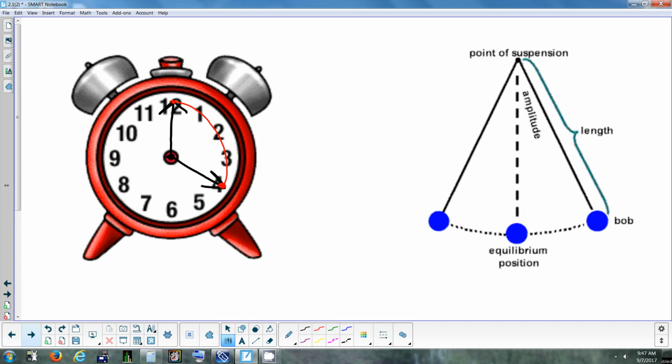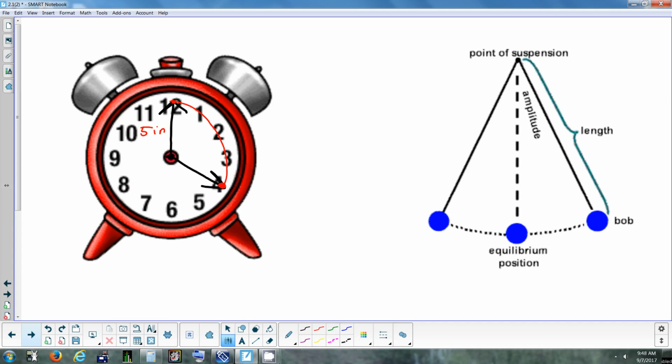The tip of the minute hand moves in what shape? What's the shape that it makes? It makes an arc. And the minute hand itself is like your what? It's your radius. So let's say the minute hand could be 5 inches long.